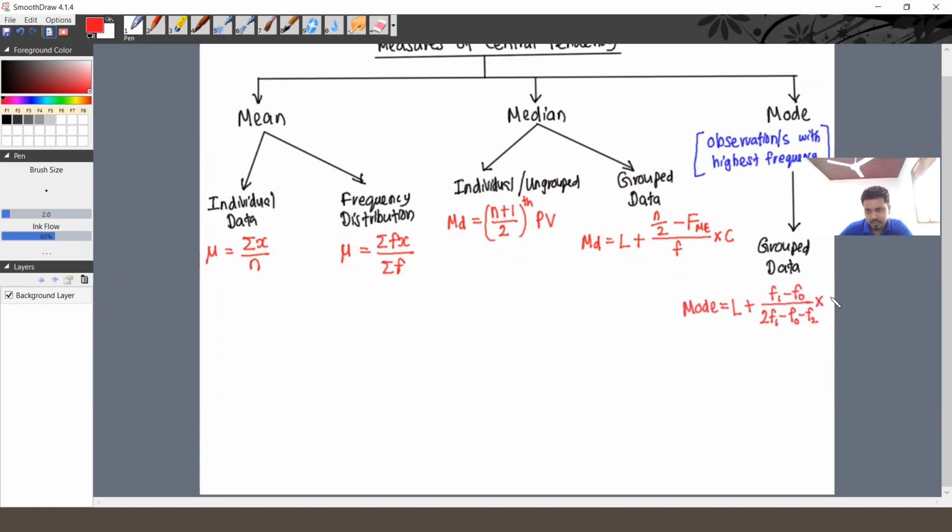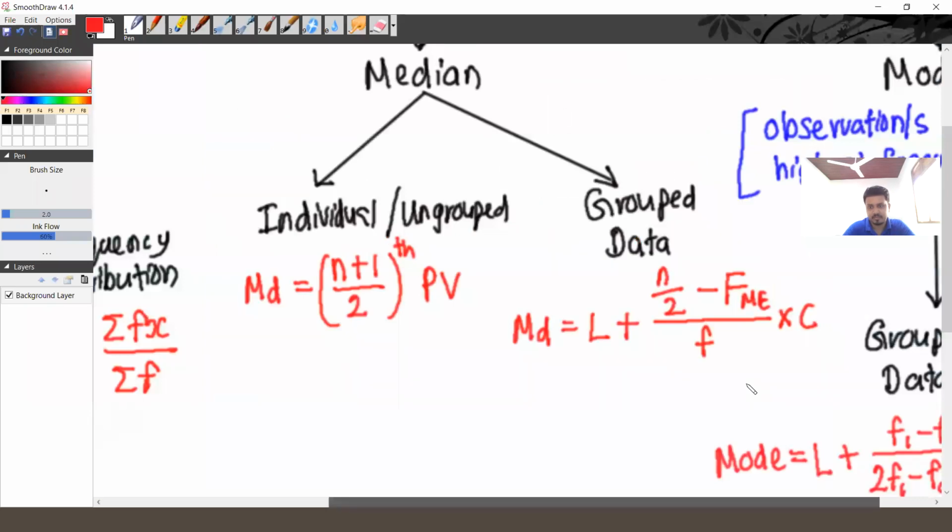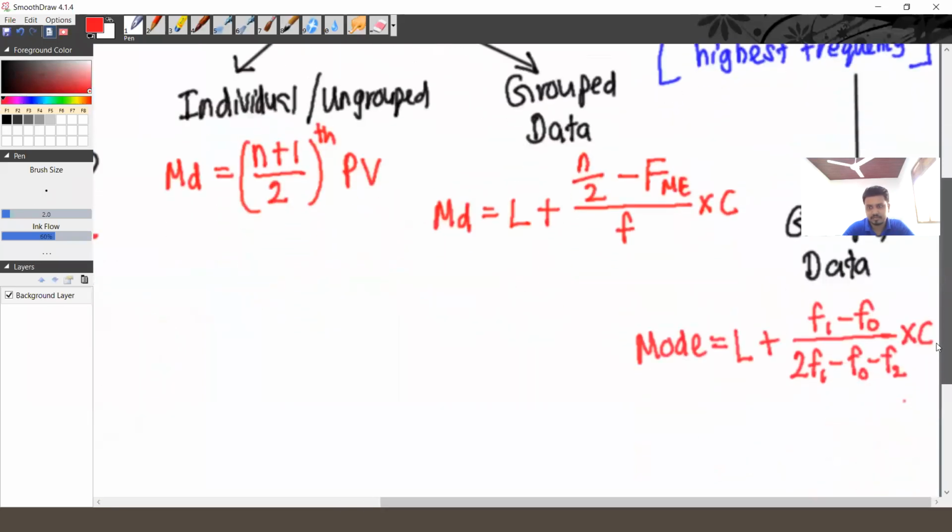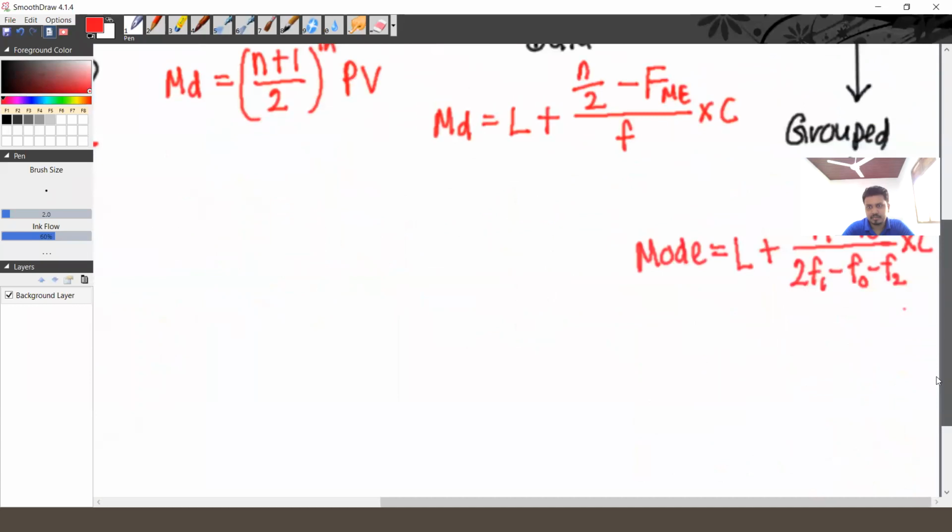This one we need to multiply by C. Mode value.